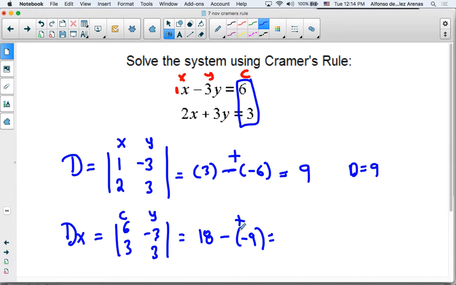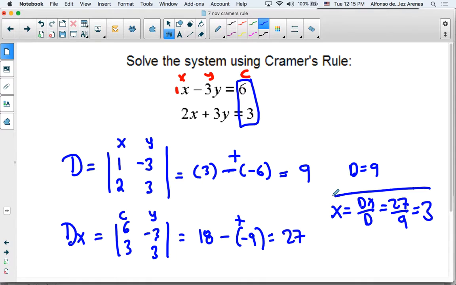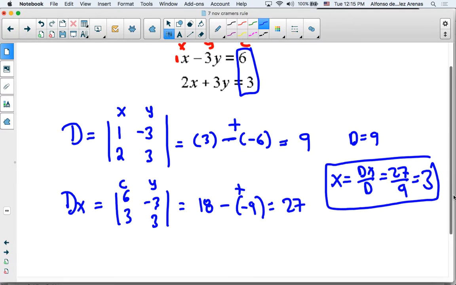That would be again a plus, and that's 27. So if you wanted to know x for Cramer, it is dx over d. That would be 27 over 9, and that is 3. So now we know the value of x in the system. Because you just need to divide the value of dx, 27, over the value of d, which is 9.